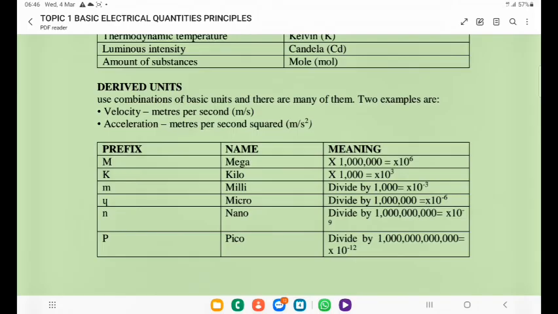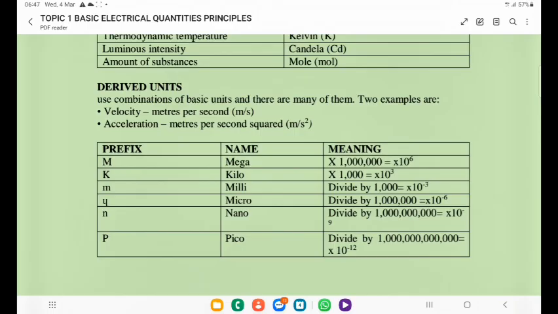Down there we have a table that has a prefix, a name, and a meaning. From that table we can identify a prefix and its meaning. Capital M stands for mega, that is times 10 power 6, or times 1 million.